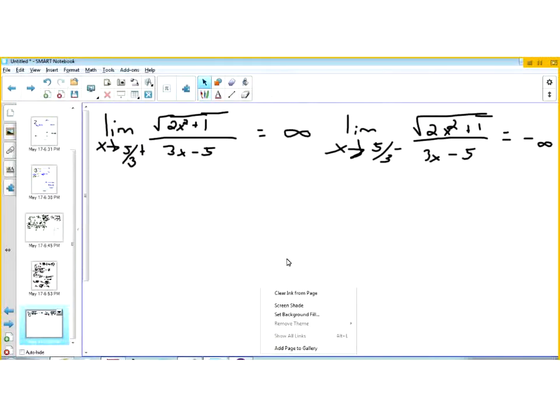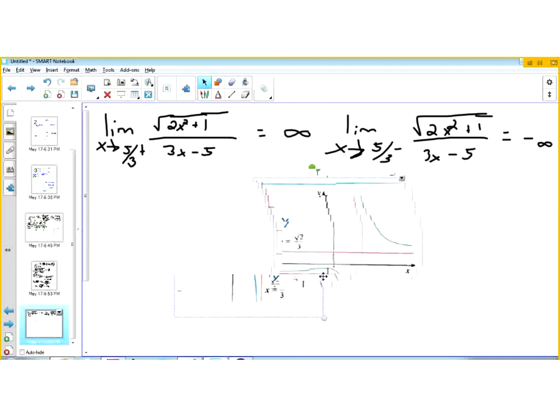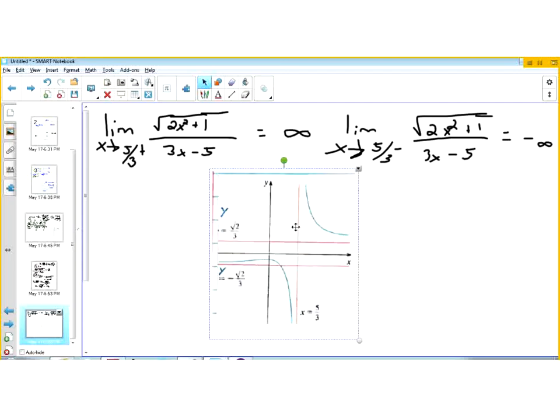So it'll basically look like this. Okay, so there's the graph. And so check. As x approaches 5/3 from numbers bigger than 5/3, it shoots up toward infinity. As x approaches 5/3 from numbers less than 5/3, it shoots down toward negative infinity. We said that the square root of 2 over 3 was a horizontal asymptote, as well as negative square root of 2 over 3, and you can see that depicted in the drawing.